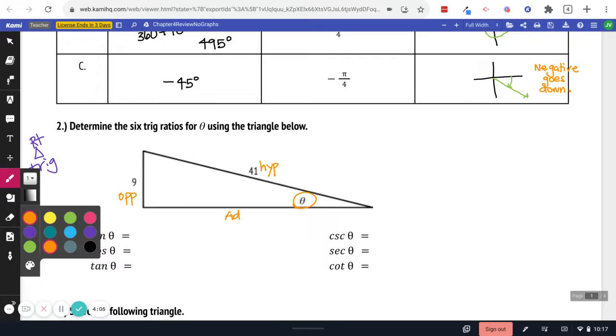We don't know the adjacent side, so we're going to hit it with some Pythagorean theorem, looking for what a squared is, meaning the adjacent side in this question. If I know 2 sides and I'm trying to find the third, then I can do Pythagorean theorem.